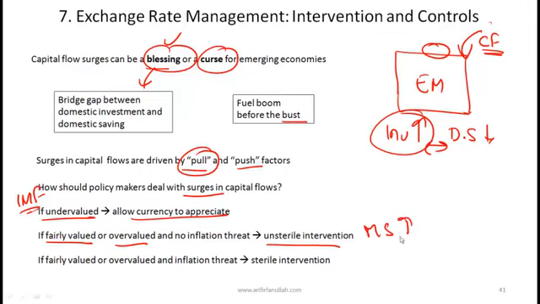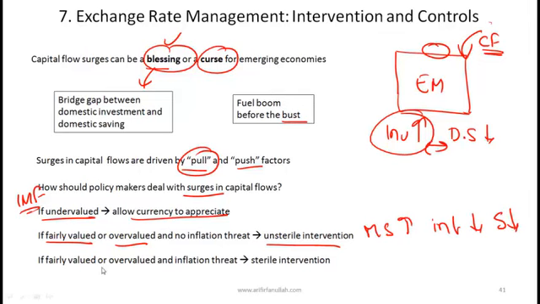Expand the monetary base. The expansion of the monetary base will cause interest rates to go down, and if interest rates are going down, then what will happen is money will flow out, and that will put a downward pressure on the exchange rate.